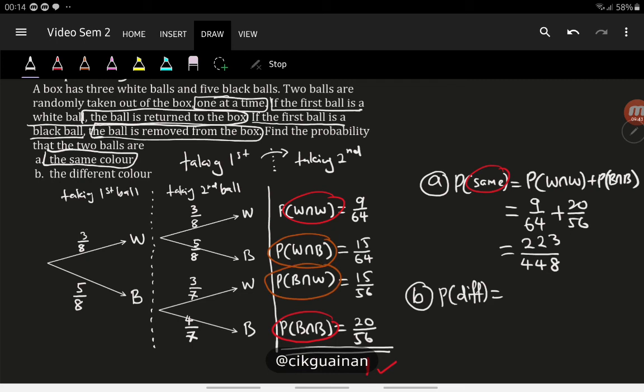So we don't have to add them up, we just do 1 minus the probability of the same, which we can get from the previous question. So 1 minus 223 over 448 is 225 over 448.